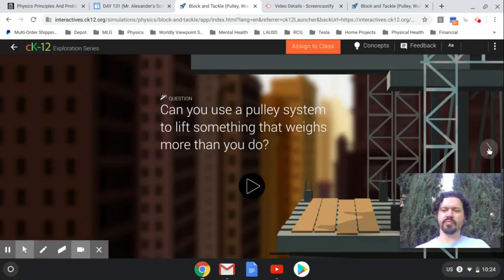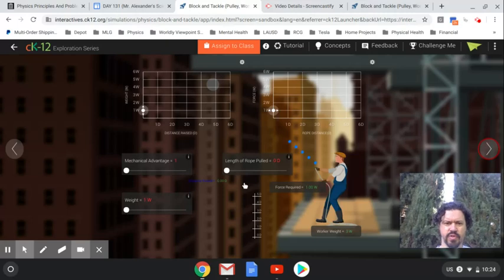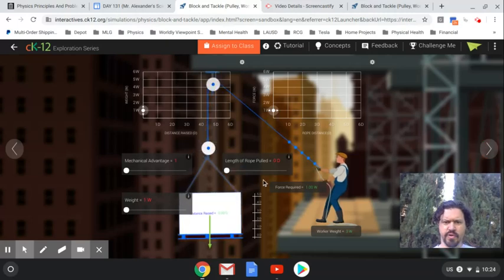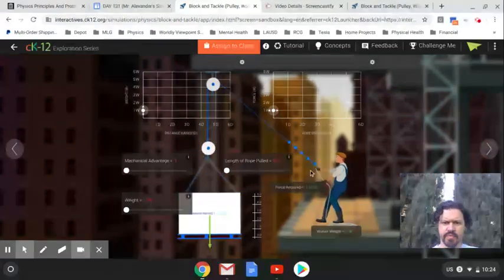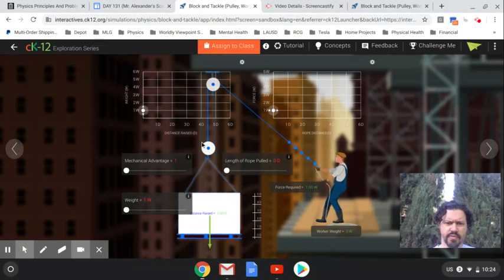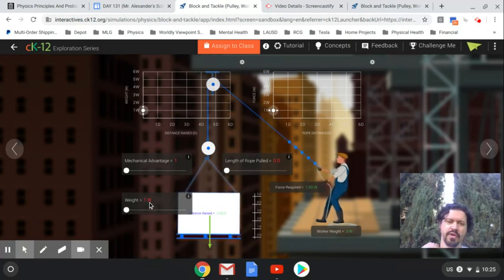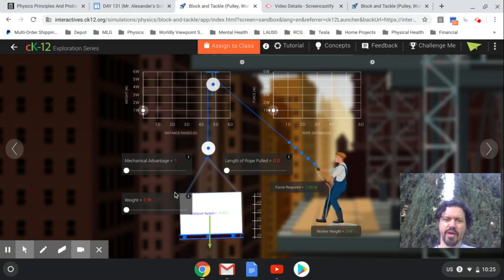If you looked at the different forces, the forces that the worker was putting into the rope and pulley system and the forces that were coming out, you would have noticed, here we are. It says here, the force required is 1, and then we've got a weight of 1.